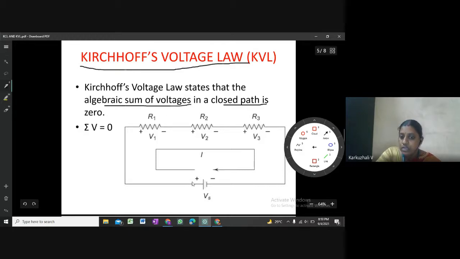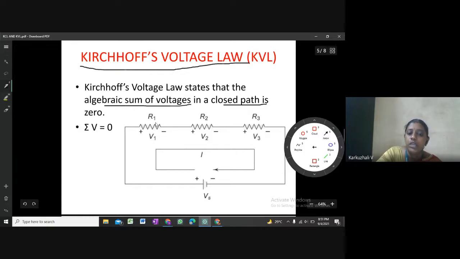So the voltage source gives out the voltage, and the resistors take the energy from the voltage source and dissipate it in the form of heat. So how does it take the energy? It takes the energy in the form of V1 into I1.